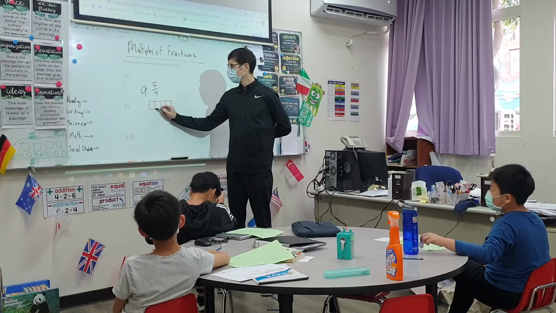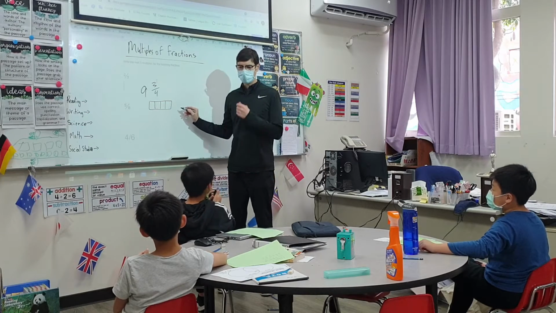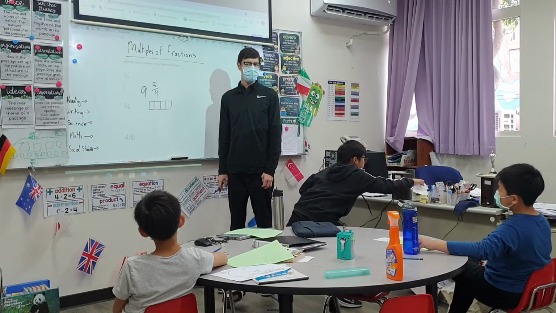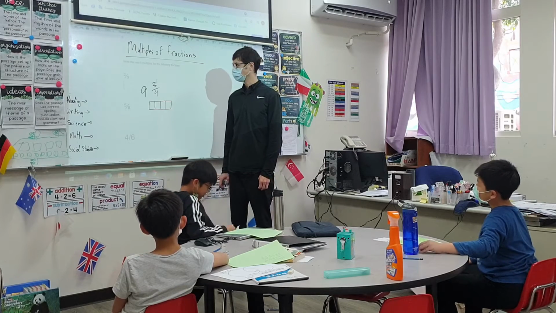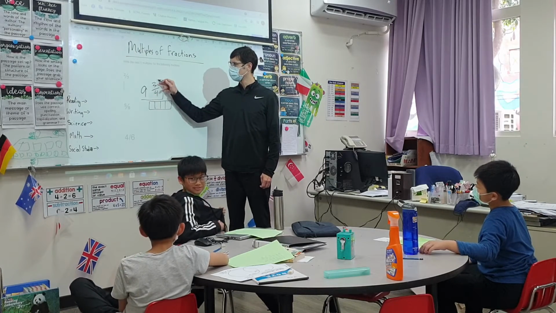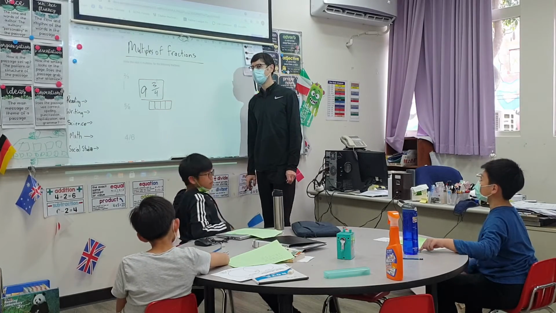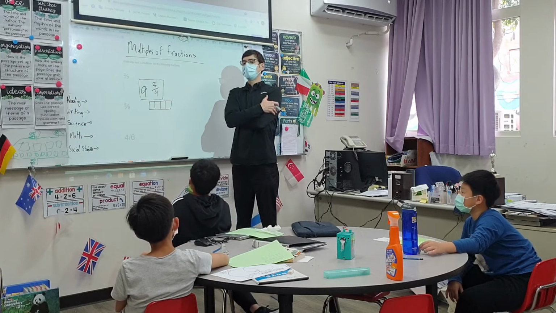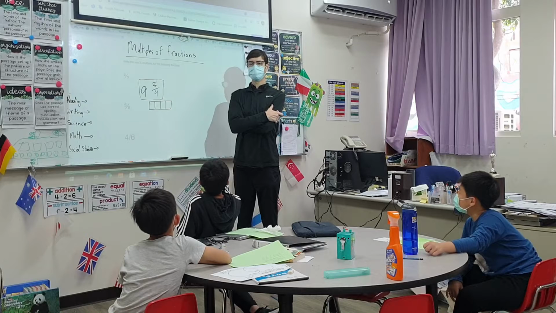Now, if I want to write, so we have 4, right? Do I just need to draw one of these? No. How many do you think I need to draw? Henry, how many rectangle models would I need to draw for this mixed number?